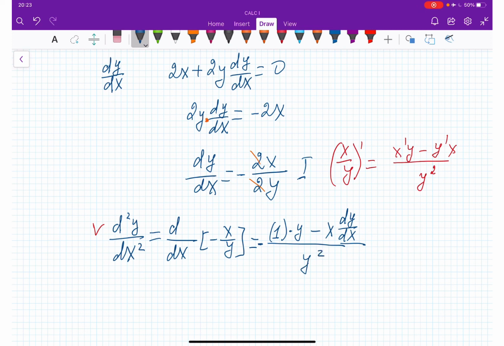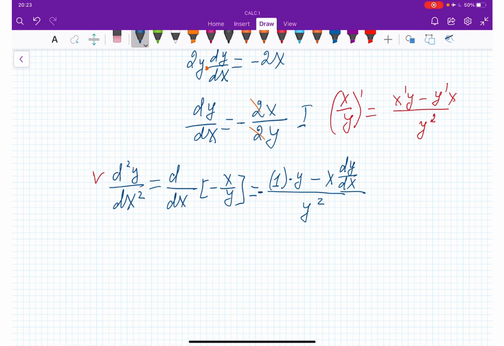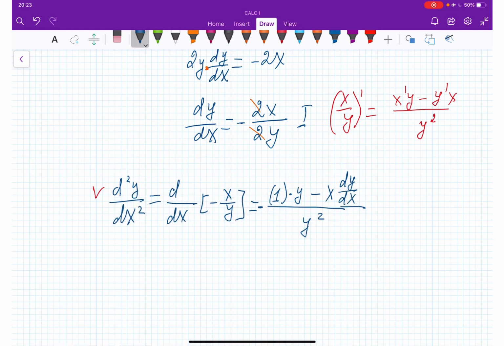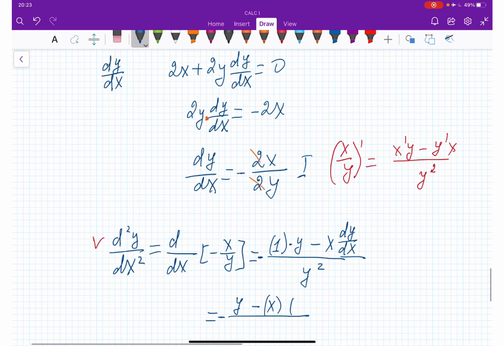Quotient rule. Now, next, I'm going to simplify. It's going to be y minus x times dy by dx. Let's see, how much is my dy by dx?